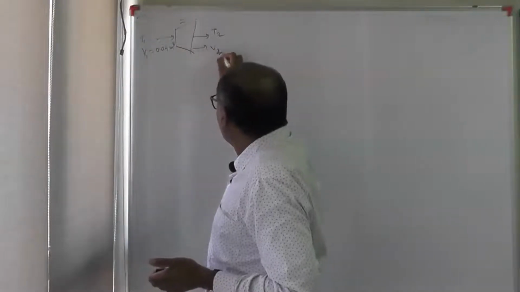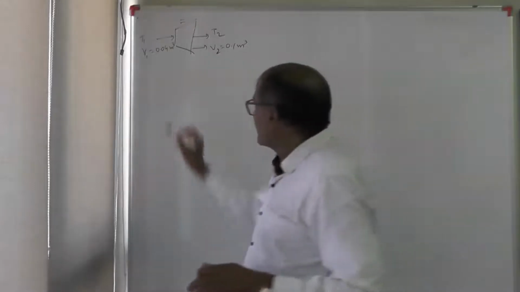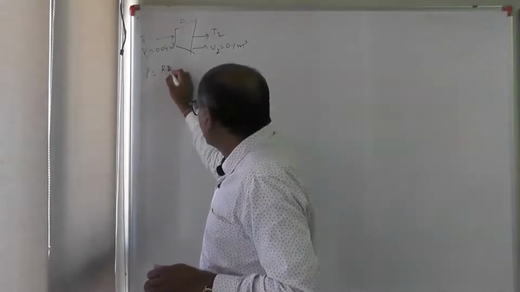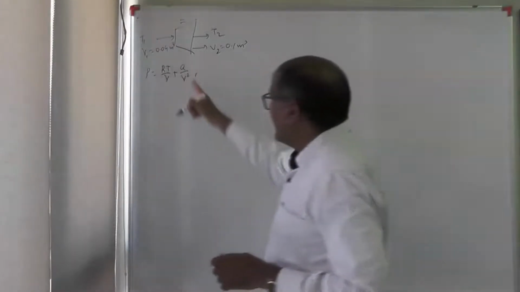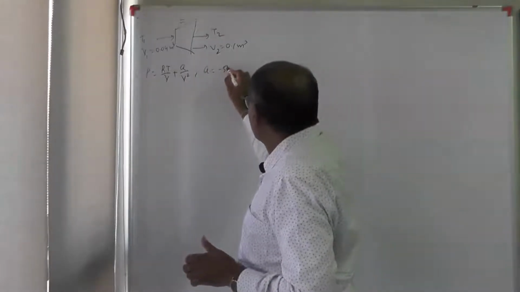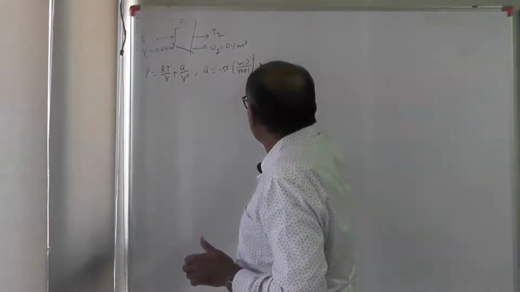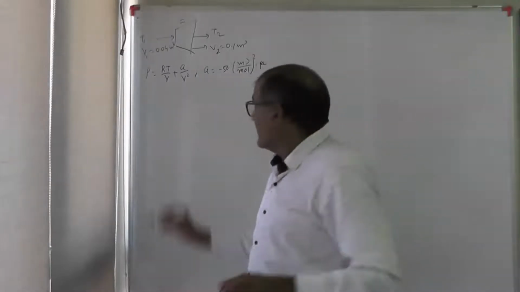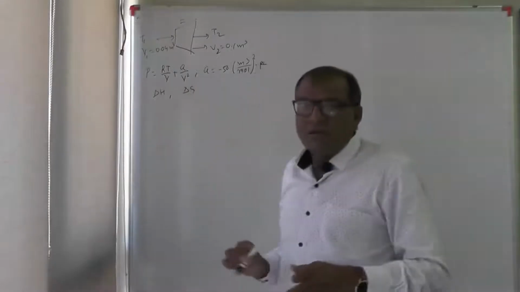The final volume is 0.1 meter cube, and the equation of state for this problem is P equal to RT upon V plus A upon V square, where A is a constant. The value of A is given as minus 50 meter cube per mole square into Pascal. Our objective is to calculate delta H and delta S.